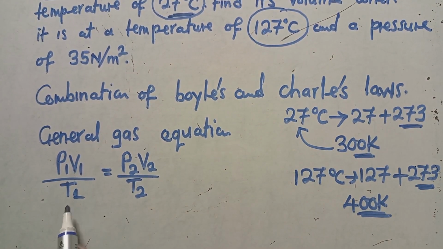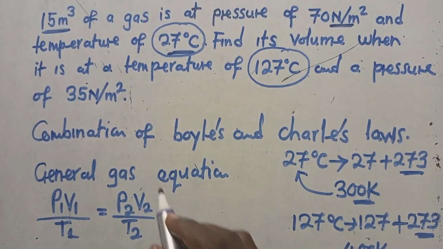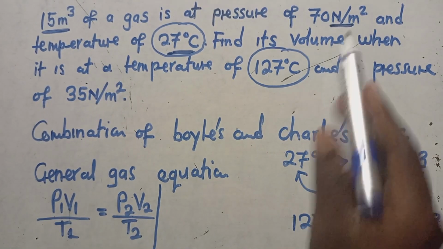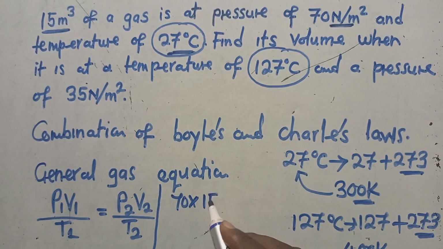Then we substitute in the formula. What is pressure 1 according to the data that is given? Pressure 1 is 70, multiplied by volume 1, that is 15, over the temperature, which is 27.